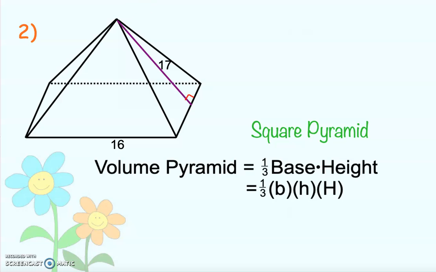So one thing you might do is go up to the vertex and draw in the capital H height. Now notice that this blue segment here comes from the vertex and it's perpendicular to the base. And I drew it right smack dab to the very center of that base. Now, we know that that's capital H height.